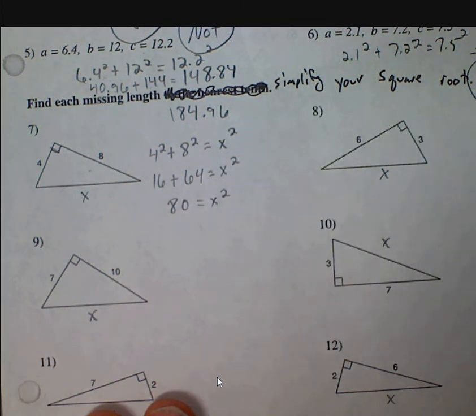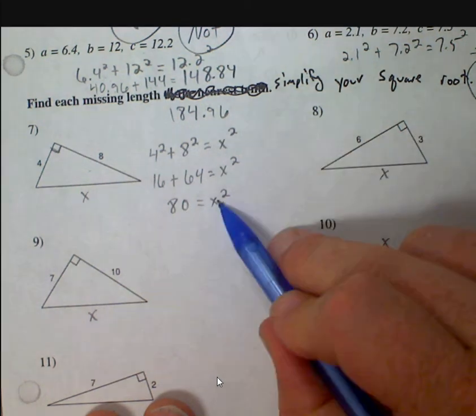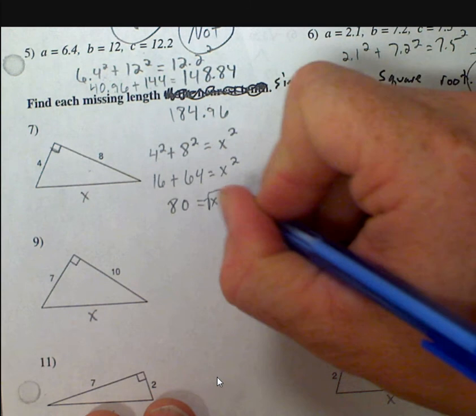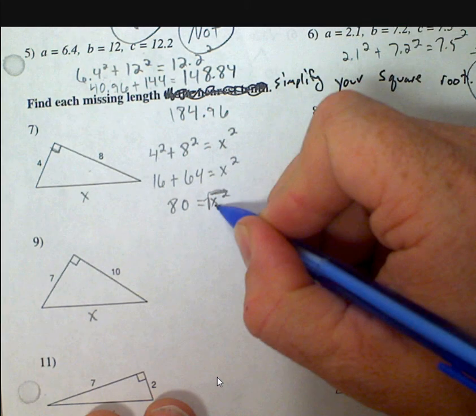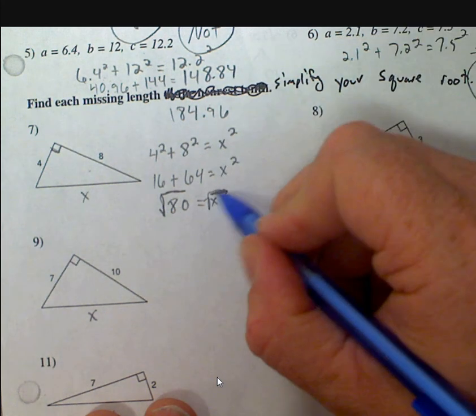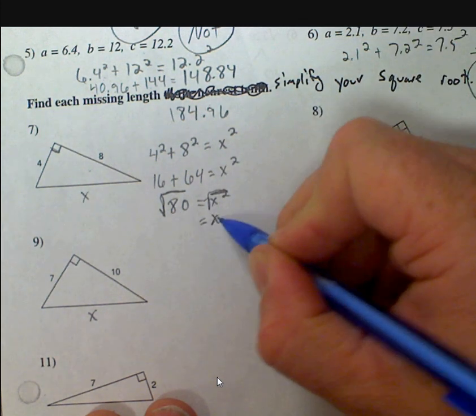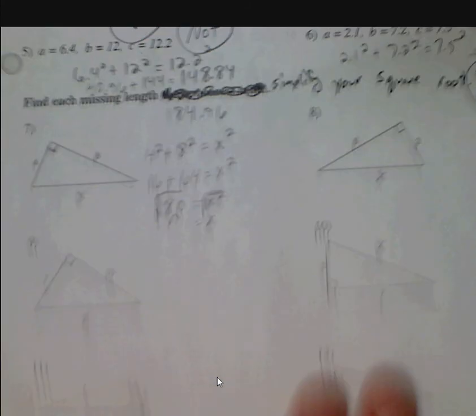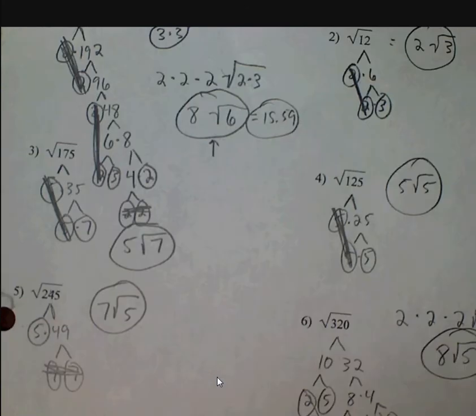Now the nice thing is, if I take the opposite of a square, it's the square root. If I take the square root on one side, I take the square root on the other side. These cancel each other out, so then x is by itself, but now I can simplify my square root, exactly what I did back here.